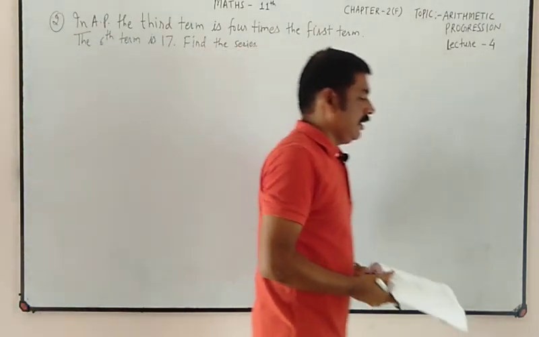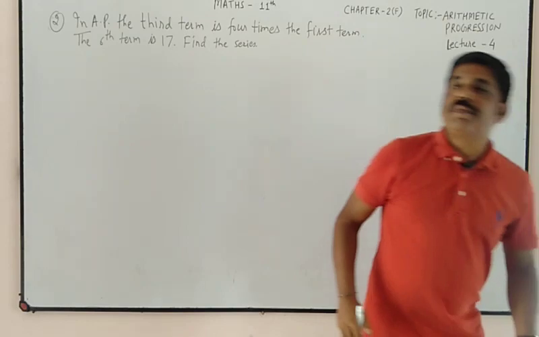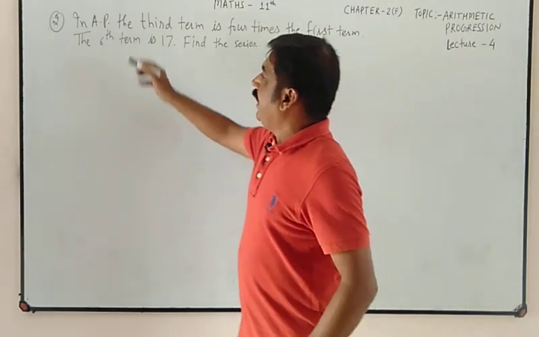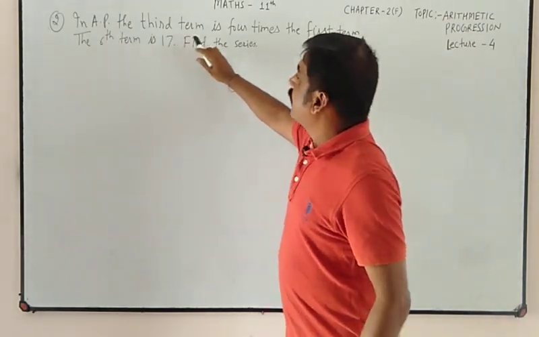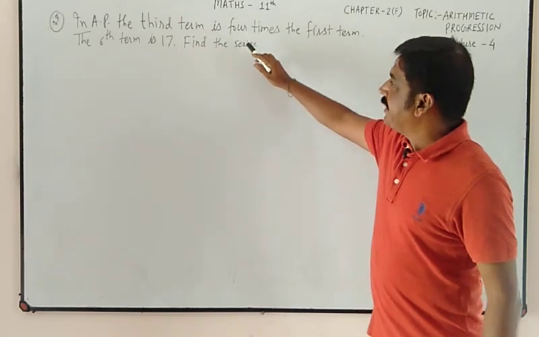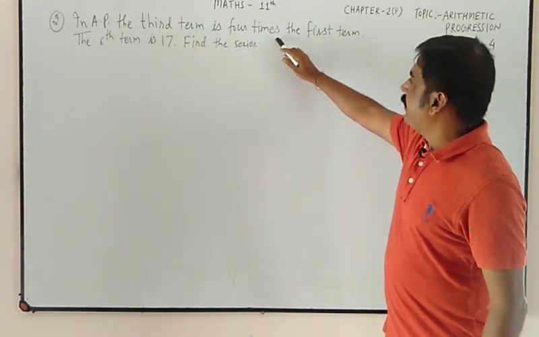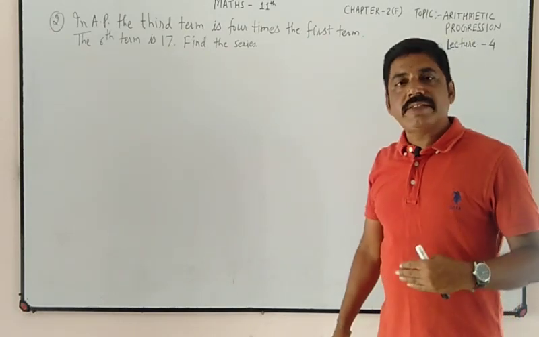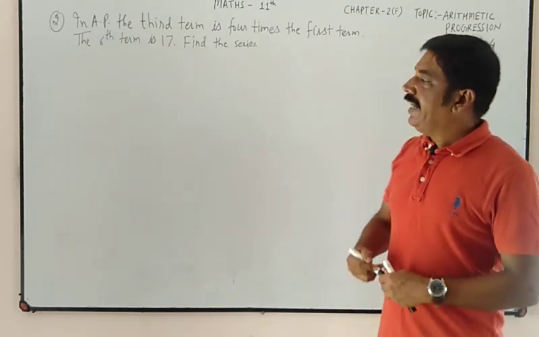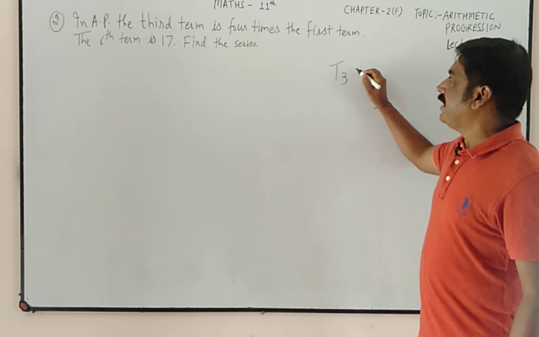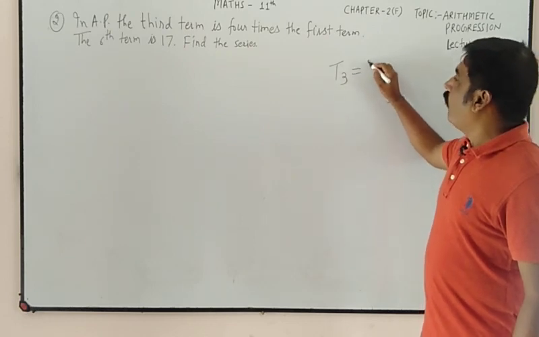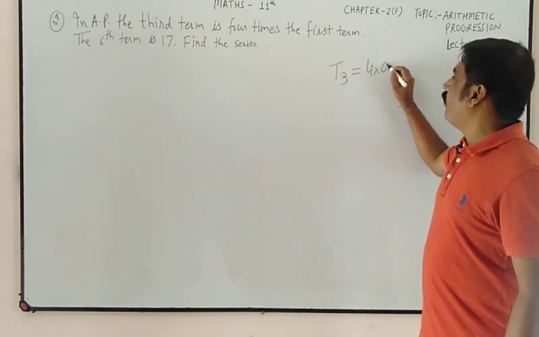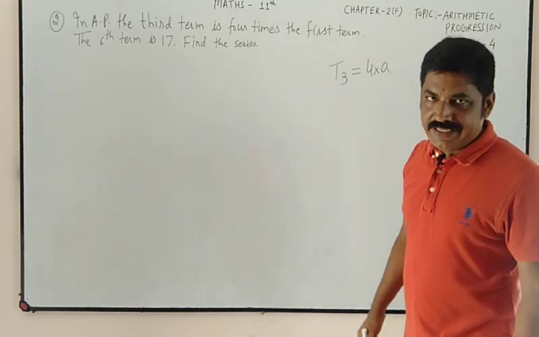Okay? So what we are given in this question is, in an AP the third term is 4 times the first term. Now generally we take the first term as a, and the third term T3 is 4 times the first term, means 4a. Clear?